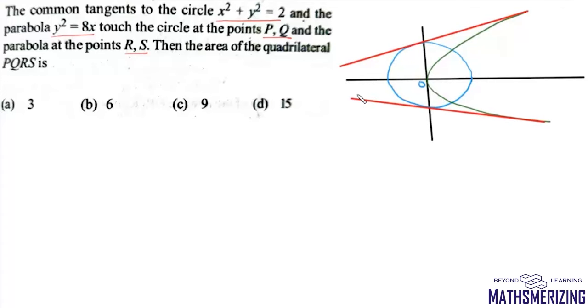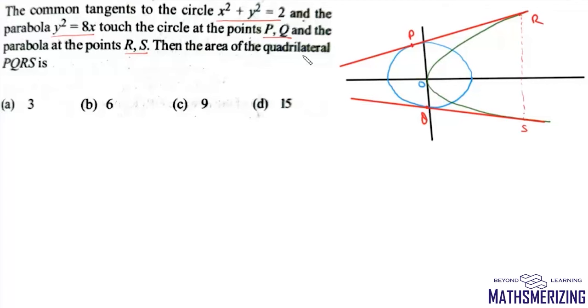So it says the common tangents touch the circle at points P and Q, and they touch the parabola at points R and S. We need to find the area of this quadrilateral PQRS.